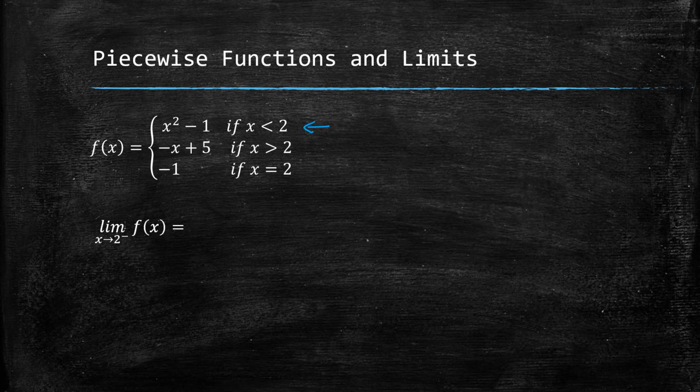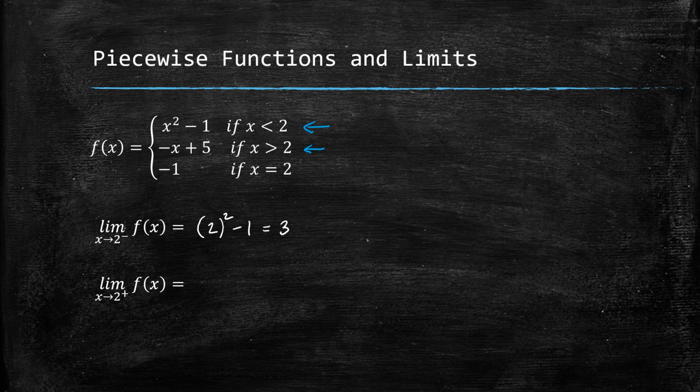So that means we can take x squared minus 1 and put in the value 2 for x into the left-hand branch, and we get 2 squared is 4 minus 1 is 3. And now let's look at what's happening to the right of 2. So to the right of 2, we're going to be using this branch of the function.